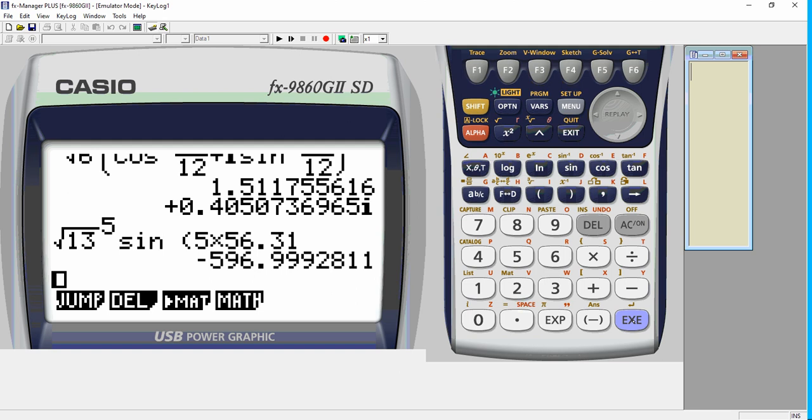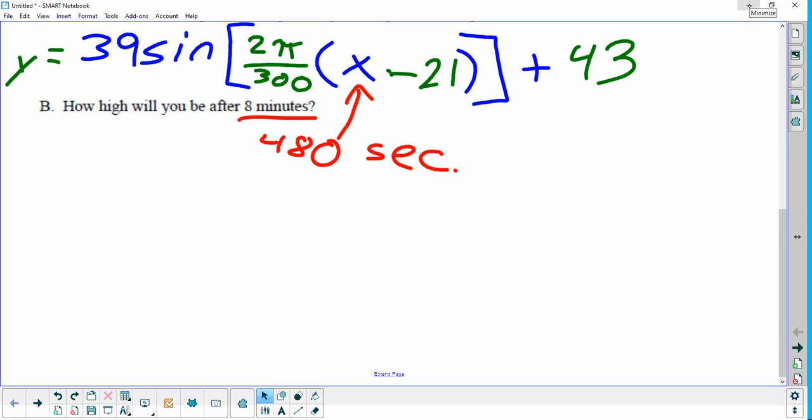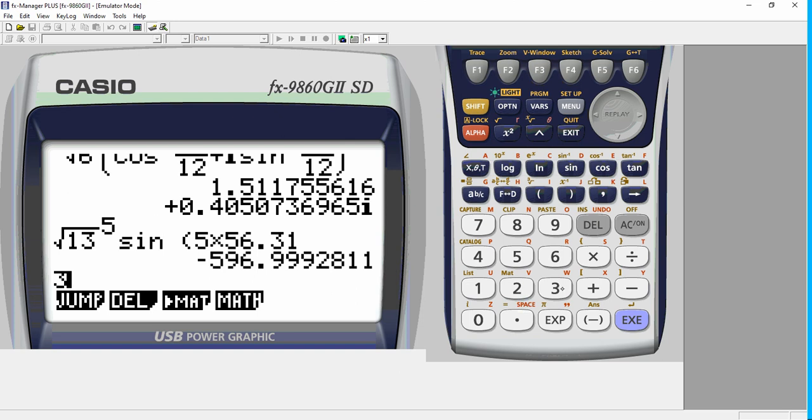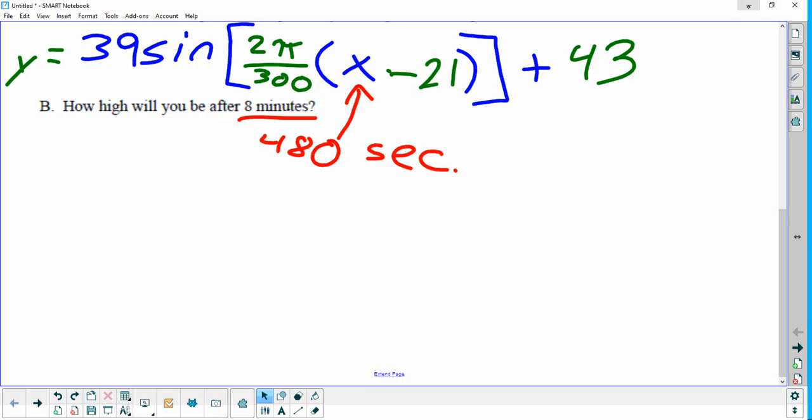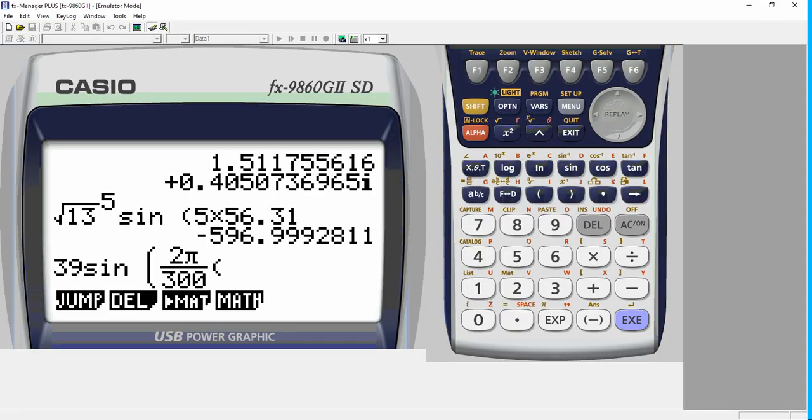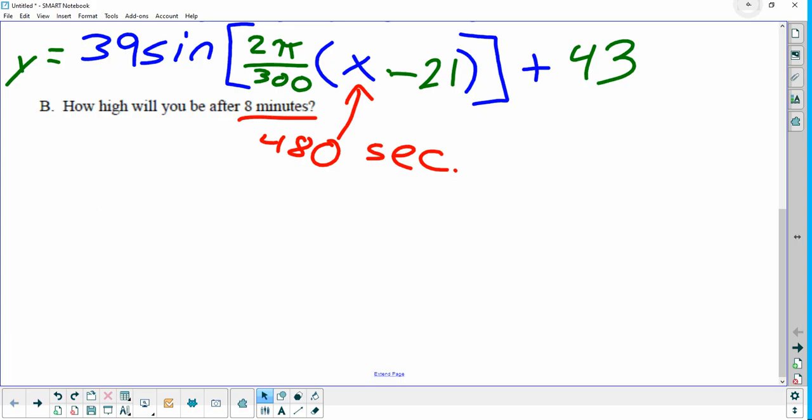Then we can type in the equation. 39 sine, we're going to need some parentheses, 2 pi over 300. X, what are we plugging in for x? 480 minus 21, plus 43 at the end.